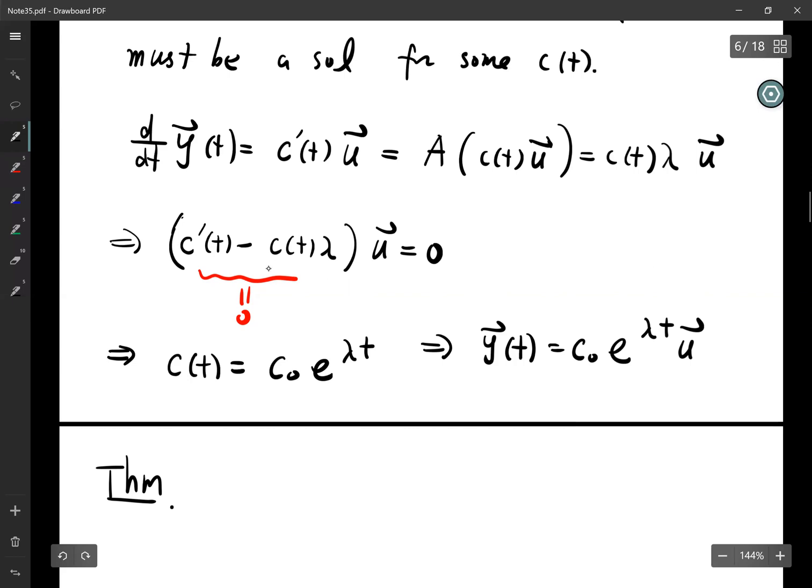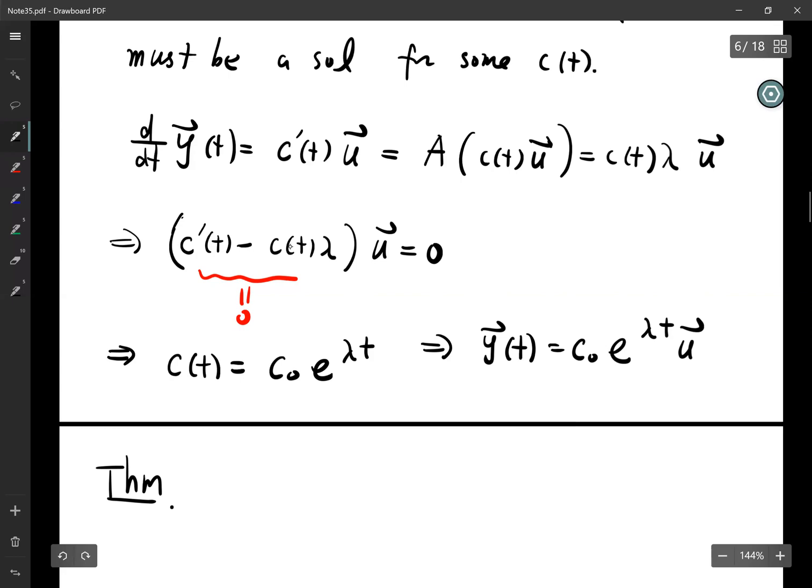Okay, are you talking about from here to here? From the second last line to the last one. Yeah. So this one is indeed a first order differential equation. This one is equal to 0. This is because this is a vector and it's not a zero vector. It is equal to 0, so it must be that the coefficient is equal to 0.